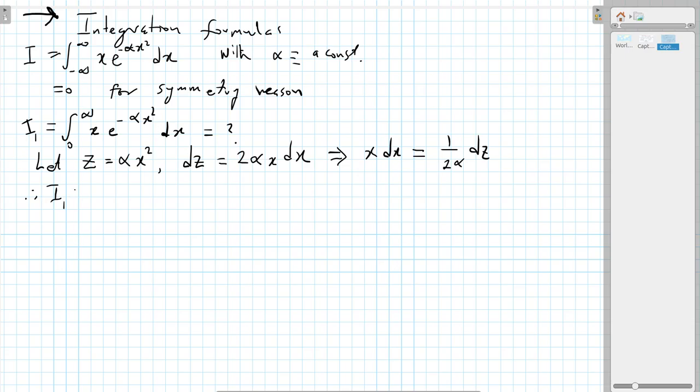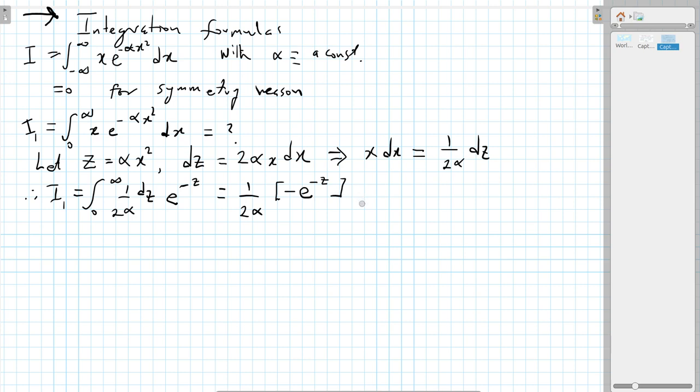Therefore, we can write I1 to be equal to the integration from 0 to infinity of 1 over 2 alpha dz e to the minus z. And hopefully it's easier. You know how to integrate exponentials. This is going to be equal to 1 over 2 alpha. So this alpha is a constant, 2 is a constant. We bring them out of the integration sign. And when you integrate e to the minus z, the answer is going to be minus e to the minus z.